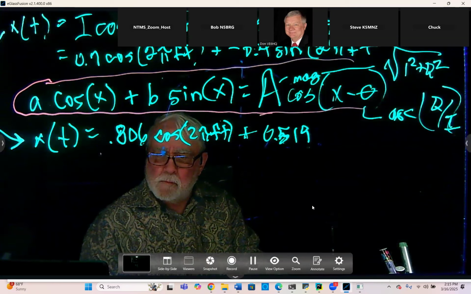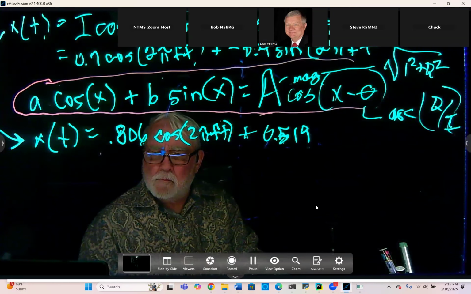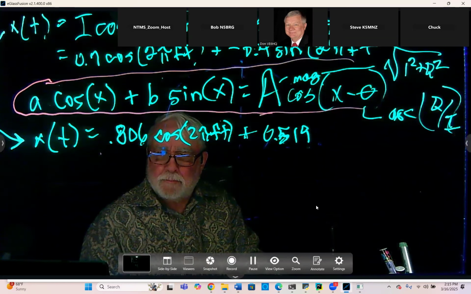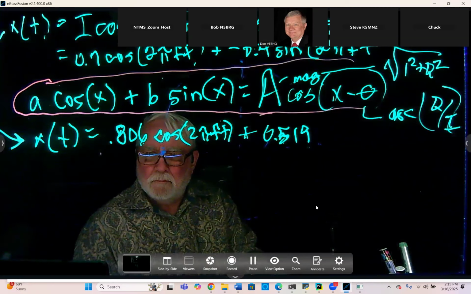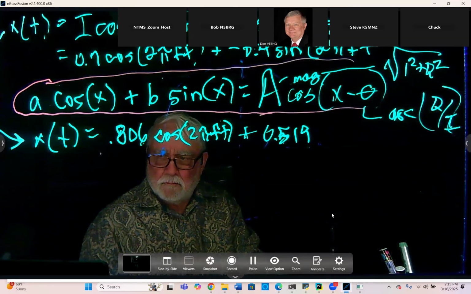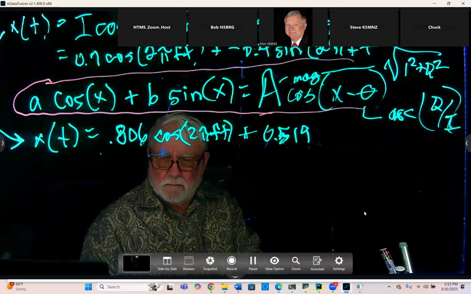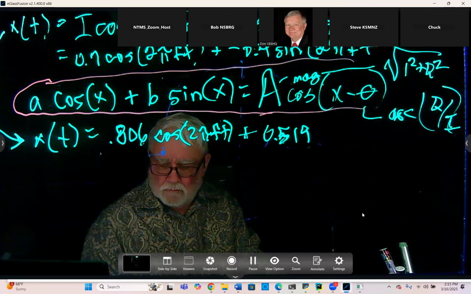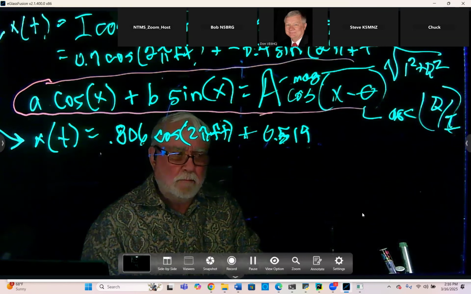If that first point and the last point do not occur at exactly the same phase of the signal, and of course we have no knowledge of the phase of that signal, we're just taking random points separated in time, then a phenomenon occurs that's called spectral leakage. And this is additional frequencies that are generated due to the discontinuity in phase between the starting point and the last point.